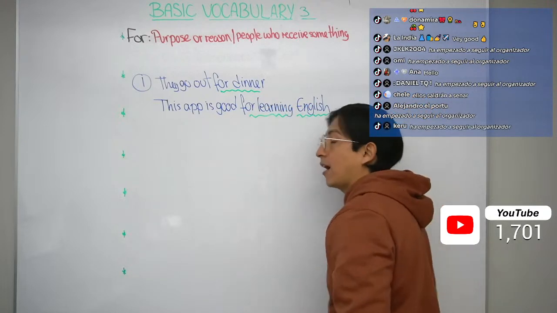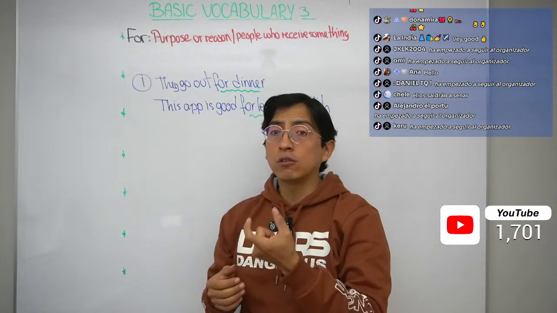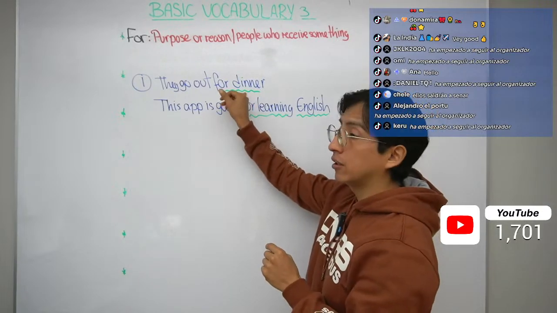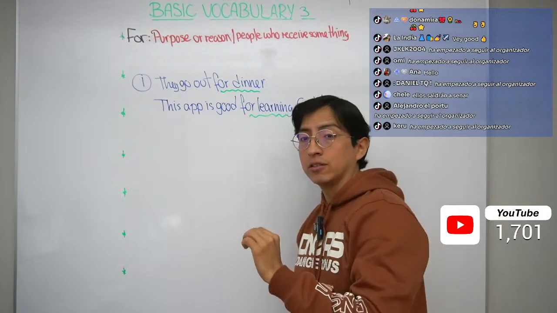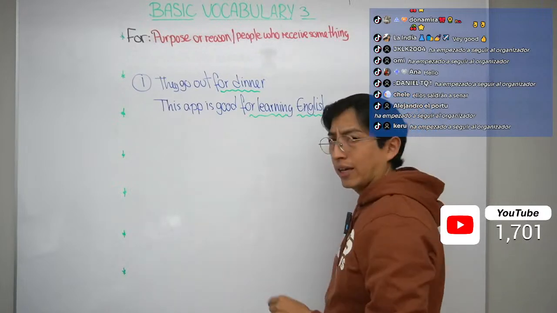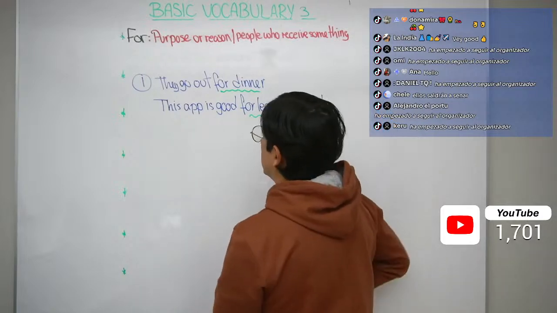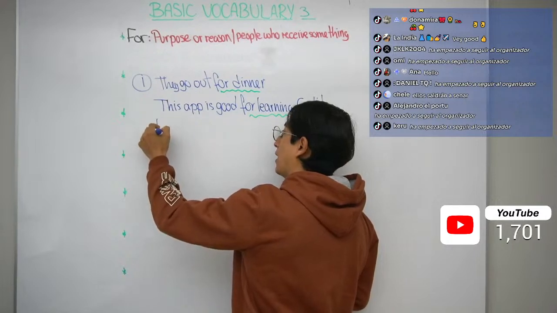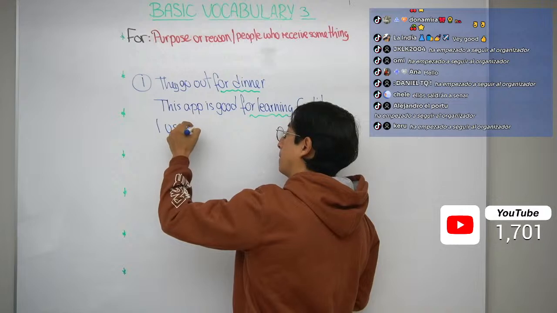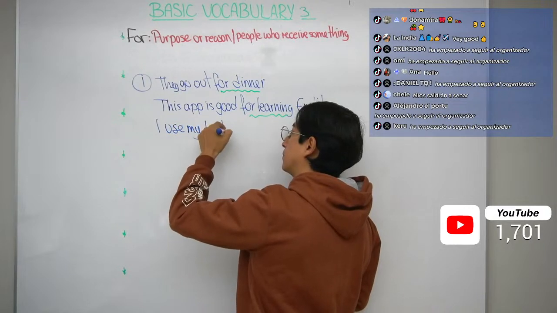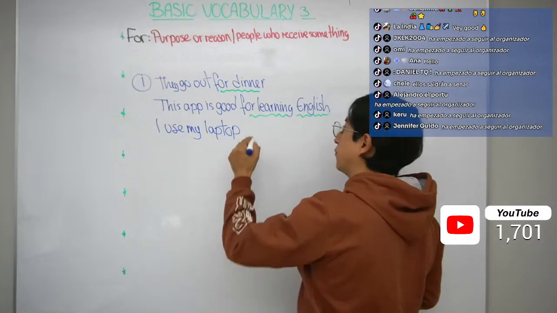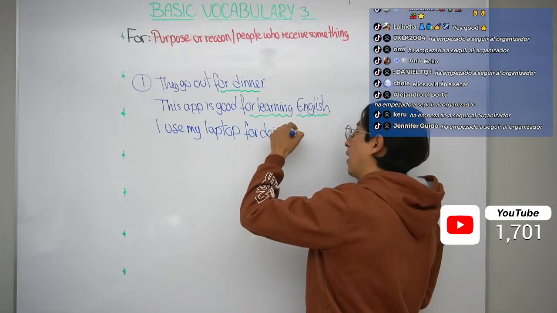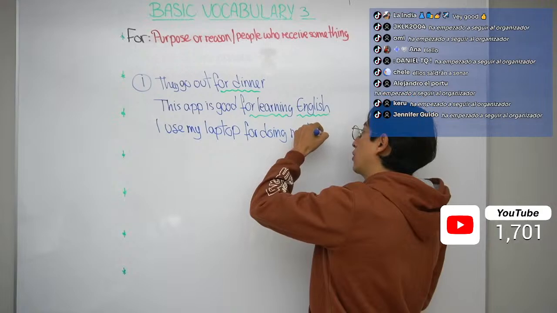Now, one thing that you have to keep in mind is that once you use for, the next word should be a noun, dinner, or it should be a gerund, the ing form. I'm going to give you one more example. I use my laptop for doing my homework.